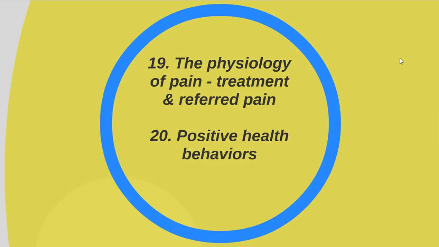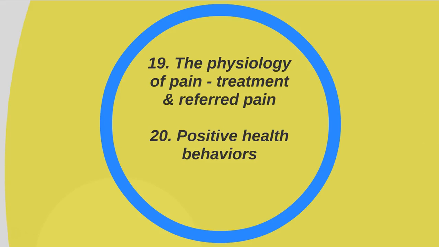So in regards to the physiology of pain, the physiology of pain involves the stimulation of specialized nerve endings that are called nociceptors. And so nociceptors are found on free sensory nerve endings in the superficial portions of the skin.